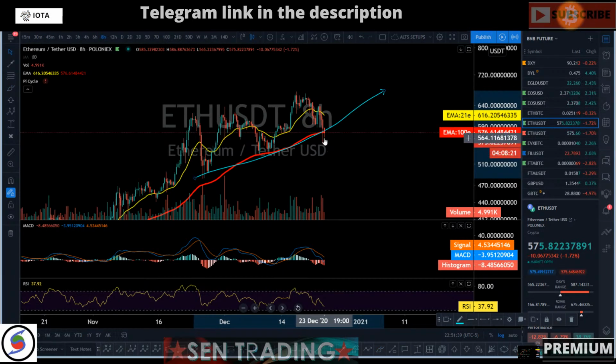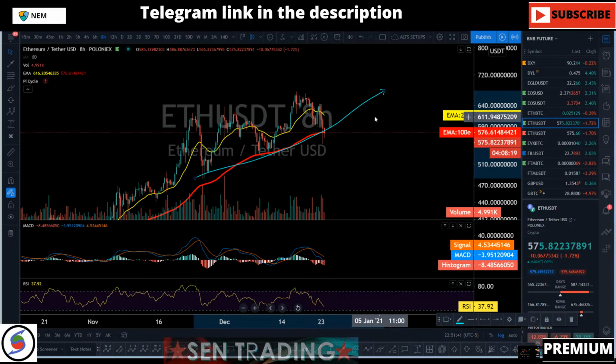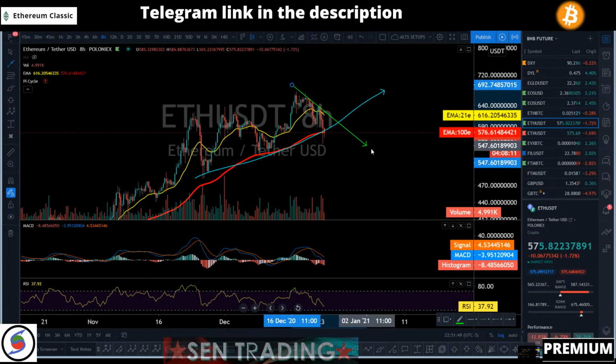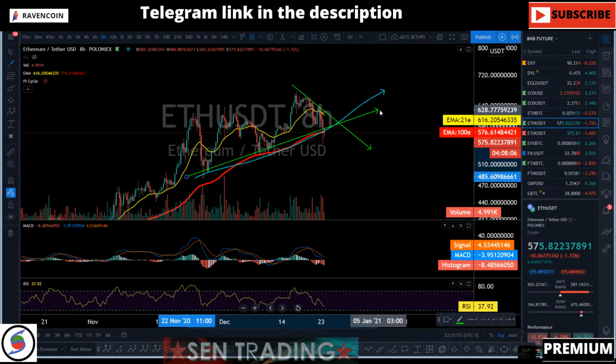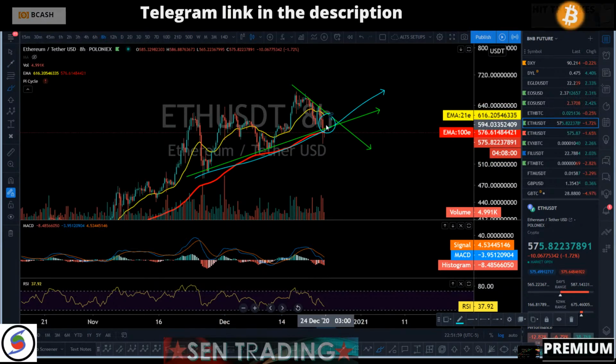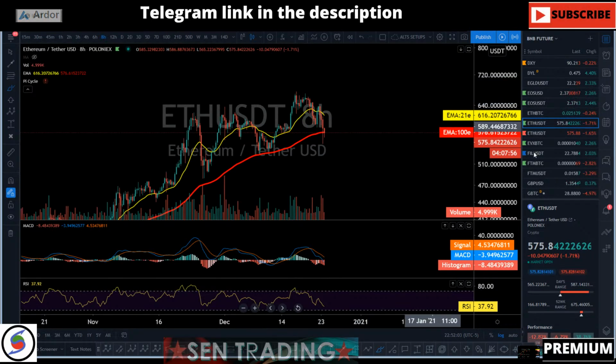This range of 585 up to 595 could potentially be a resistance area for the bulls trying to break this key area. This entire zone right here is potential bear territory, and I'm with the bears for now.